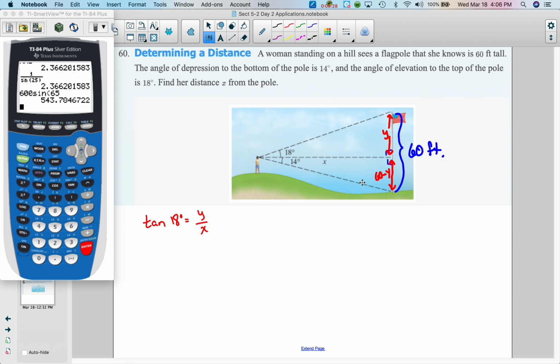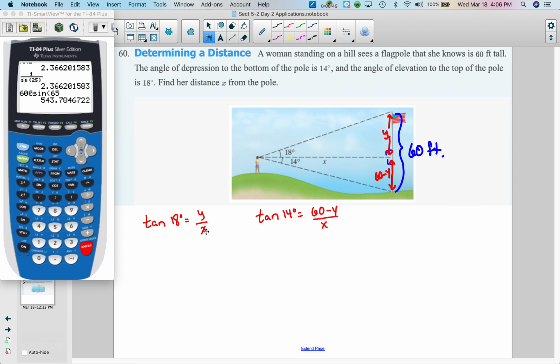Then for the lower triangle, I'm going to have tangent 14 degrees equals opposite, which is 60 minus y, over x. Okay, so then remember we're trying to find her distance from the pole, so we're trying to find x.